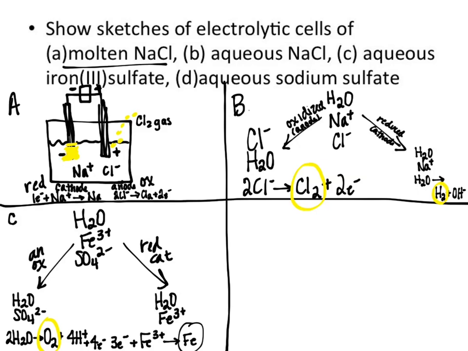So how do you draw? Like this is showing the sketch of the cell. Oh, so if we were to do that, then you would still have your cathode and anode. Over here you would have your H2 coming out, and over here you would have your chlorine gas bubbling out, and then in here you just have sodiums floating around.